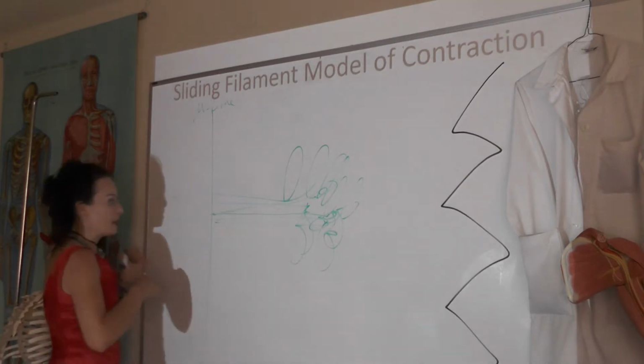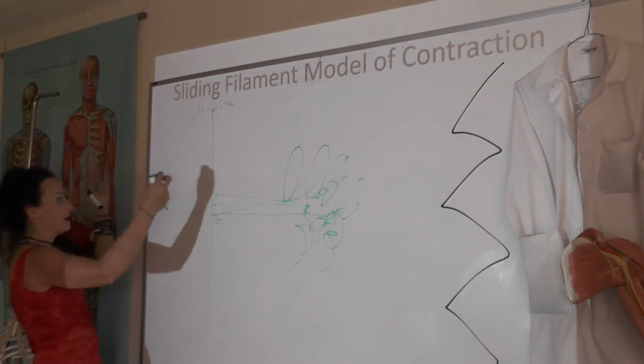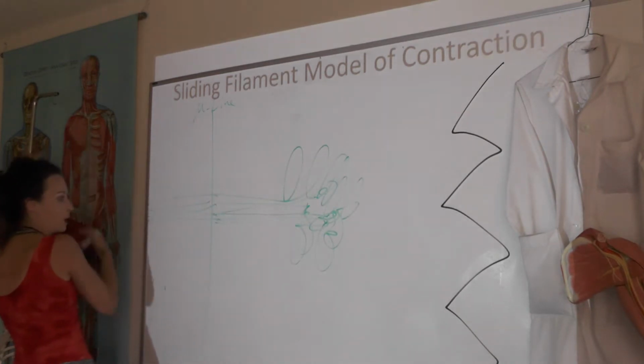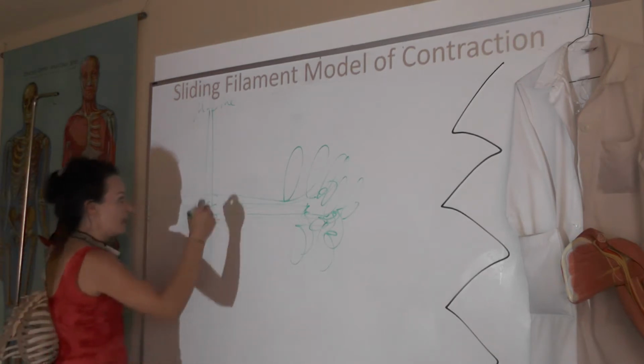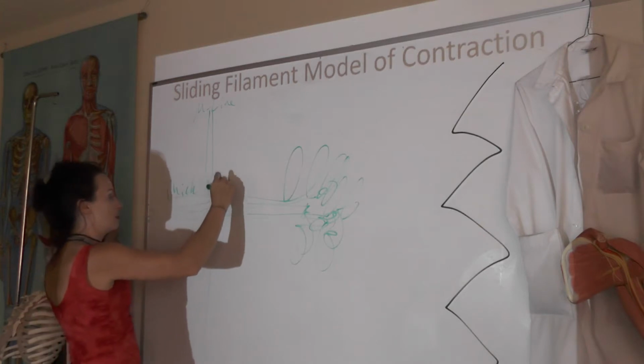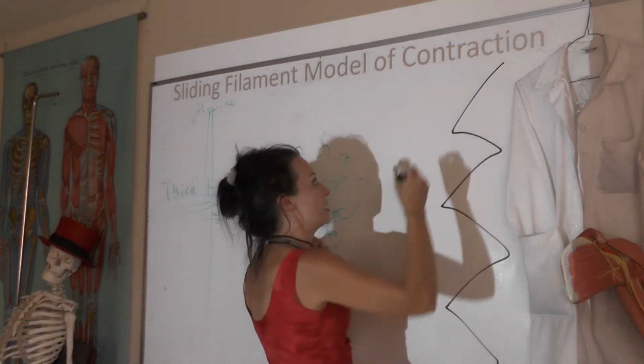Pointing away from the middle of the sarcomere, I have the rest of my thick filament, which is going over here. Okay, M line. This whole thing is a thick filament. This here is my Z-disc.